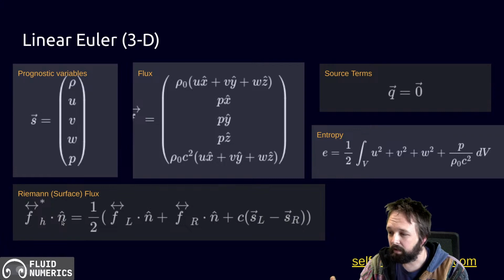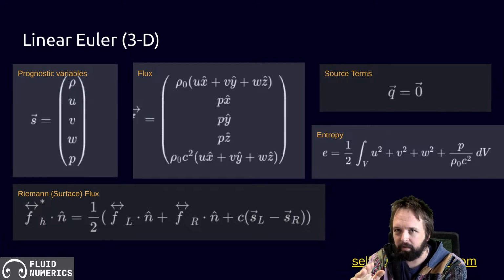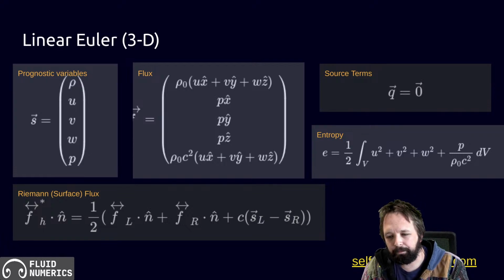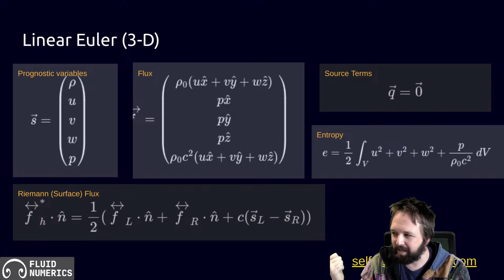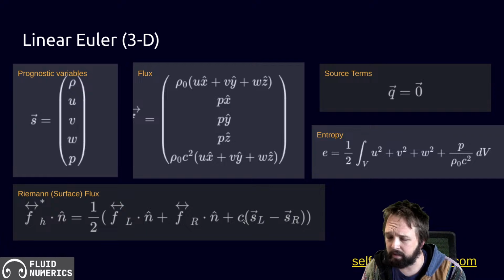If you're on an edge, you want to look at waves that are going out of your element and waves that are going into your element, and you can diagonalize that and then use an upwinding approach to figure out which state on which side of that shared edge you want to use. What that ultimately comes down to for linear problems is an average of the fluxes on the two sides of a shared edge plus the maximum eigenvalue, which here is the sound speed, multiplied by the jump in the solution.